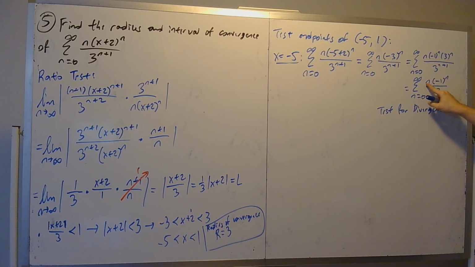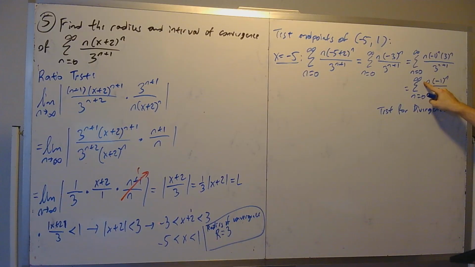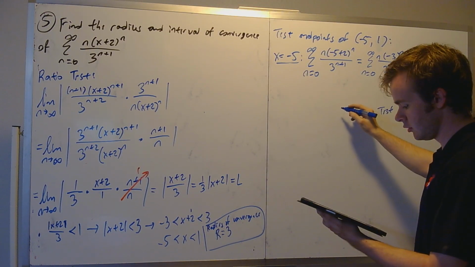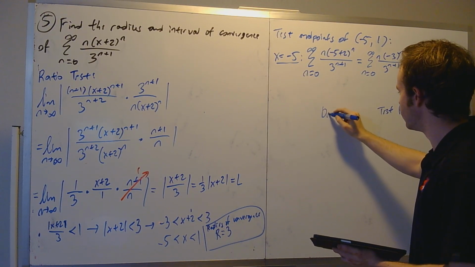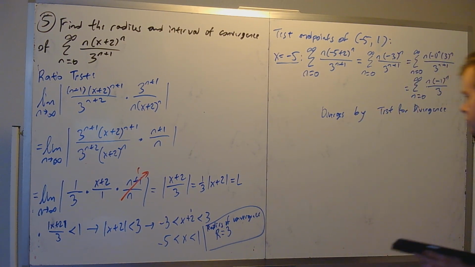And this is getting infinitely big, right? So just because it's alternating doesn't mean it doesn't exist. If this were multiplying by 0, that would be fine. But this part is getting infinitely big, and this part is alternating. So if you multiply those two together, that's certainly not 0. So we'll say that this diverges by the test for divergence.